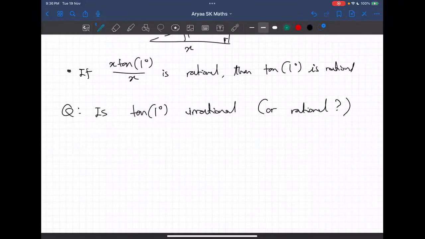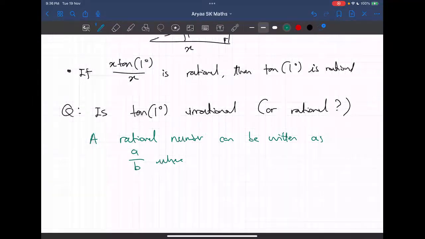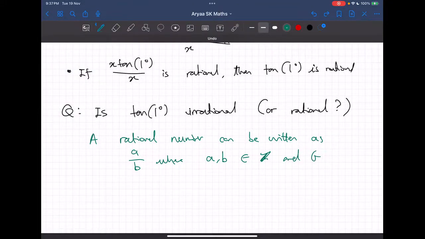Okay, so we know a rational number can be written as a over b, where a and b are integers, b is not 0, and they have no common factor.